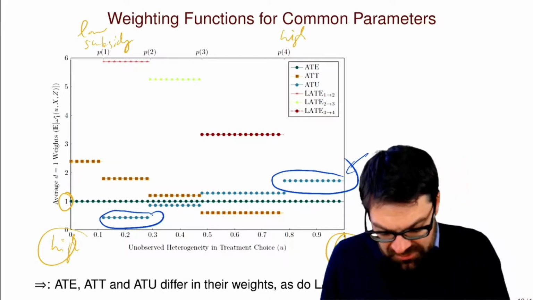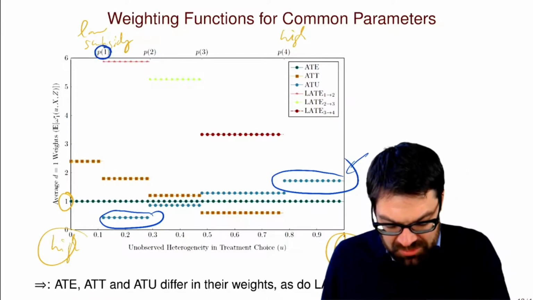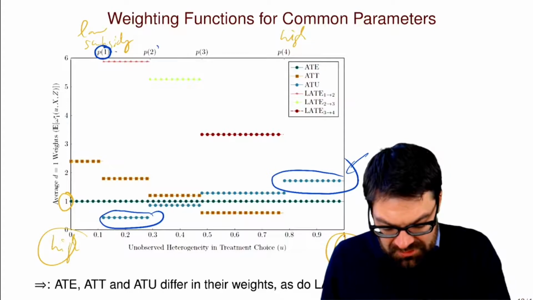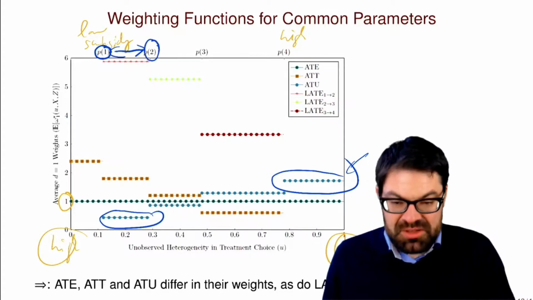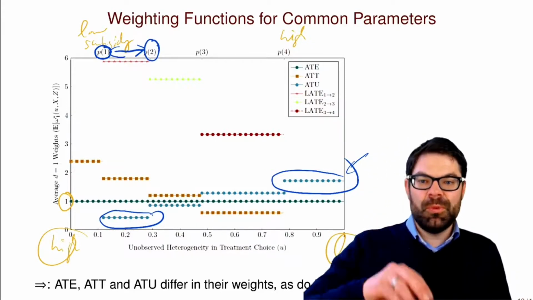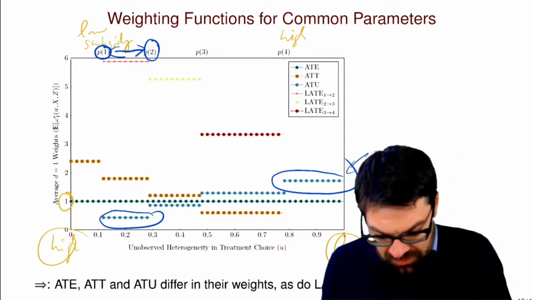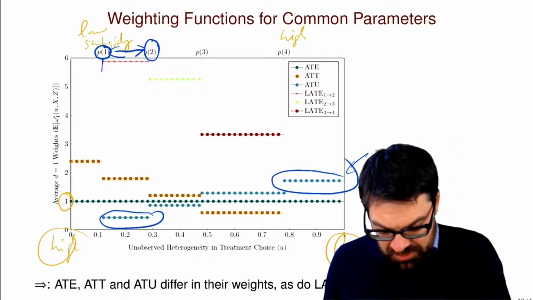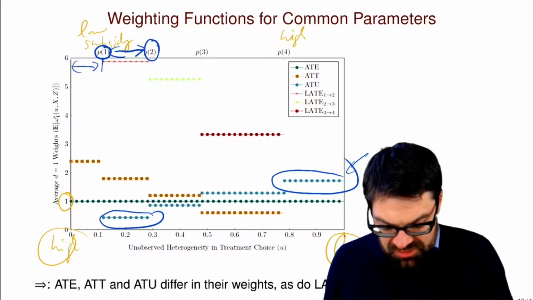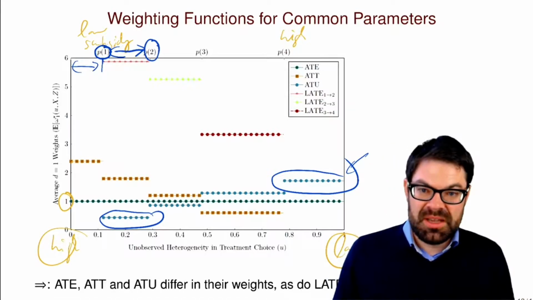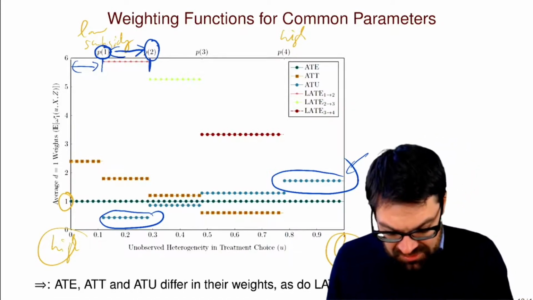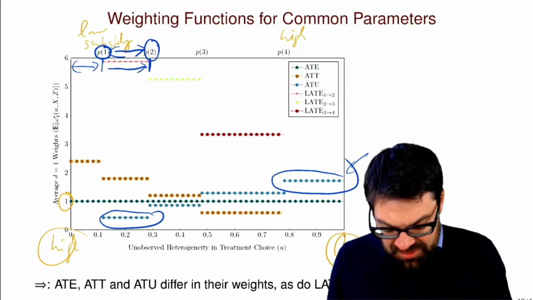So for example, if your subsidy shifts these people into treatment, before the subsidy, only those people from here to here would have chosen the treatment. Now with the subsidy, the range gets extended by B.